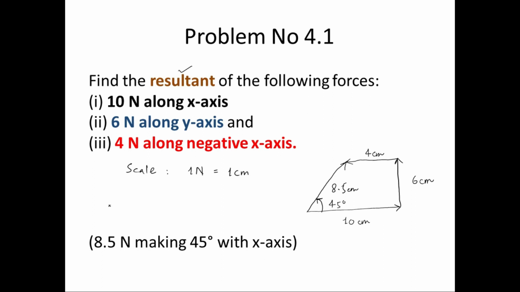So, magnitude of R is equals to 8.5 Newton, and direction of resultant vector R is equals to 45 degrees.